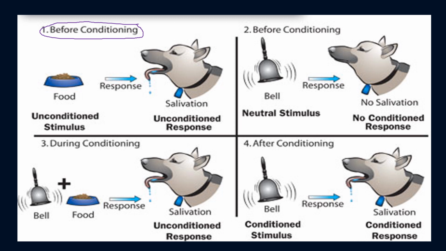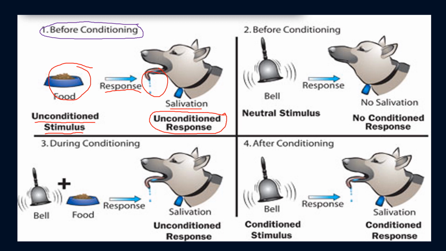Pavlov tested whether an unconditioned stimulus, which was in fact the food, actually did trigger the response that he was after, which is the unconditioned response of salivation in the dogs.